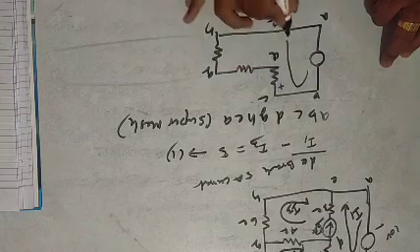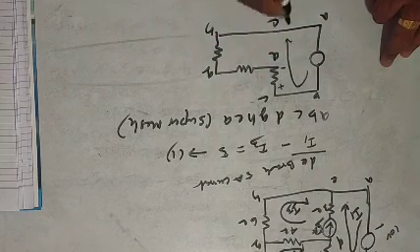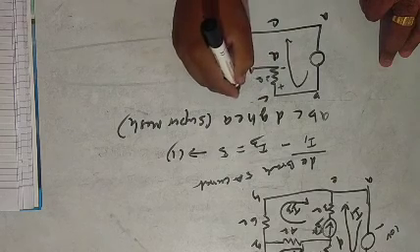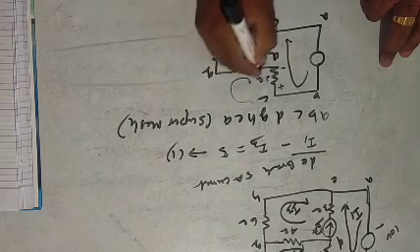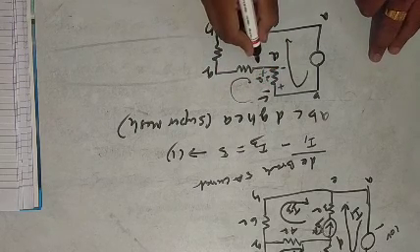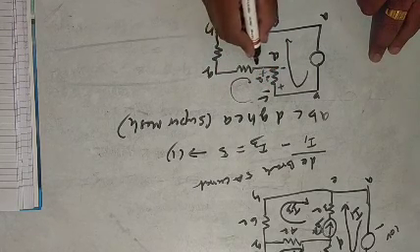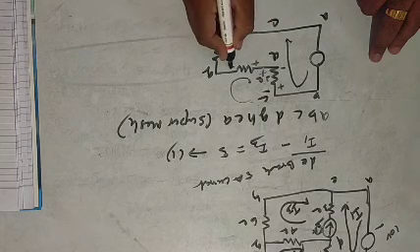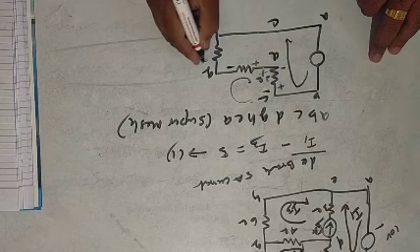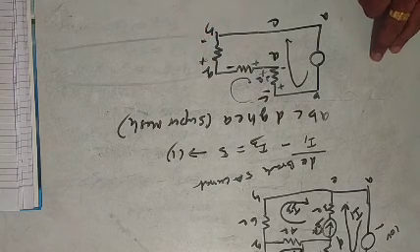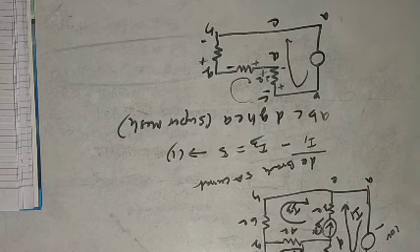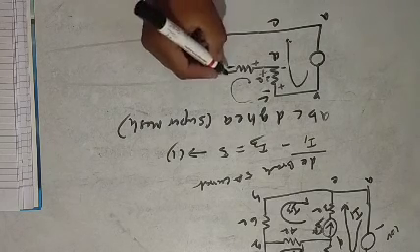Plus minus 2. See here, the direction of I2 is this one, so plus minus. Here, in this path, plus minus. So what is the current?